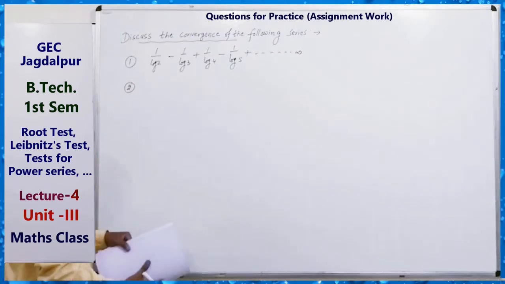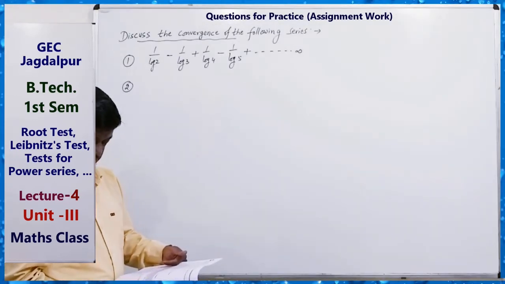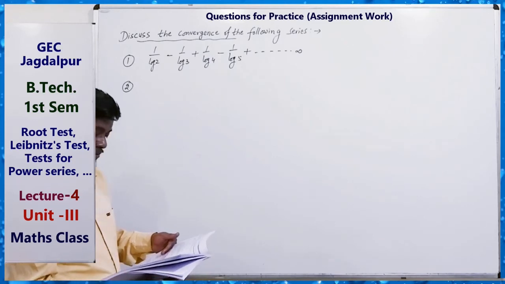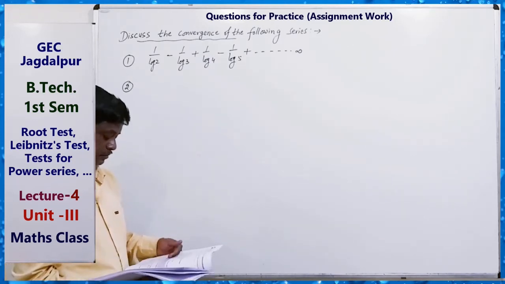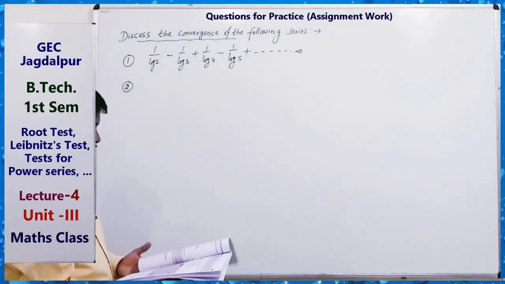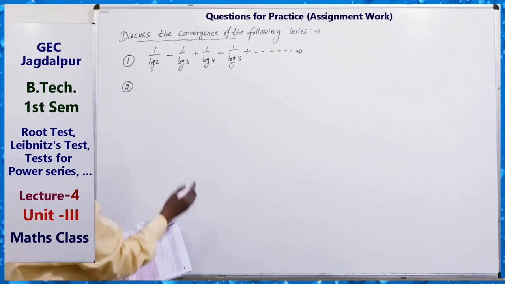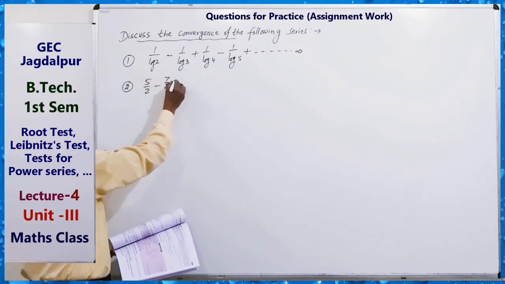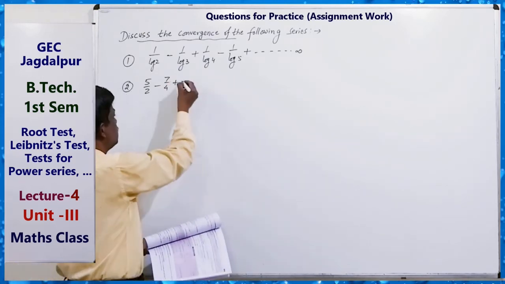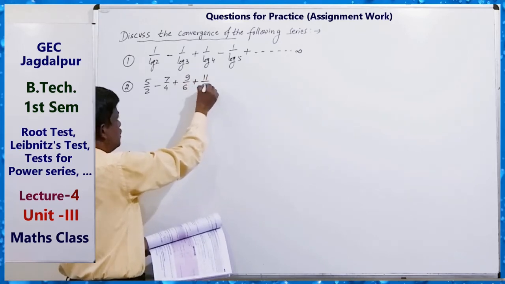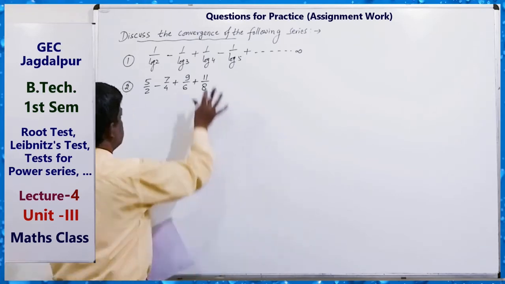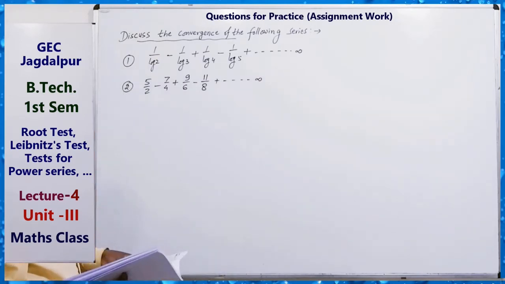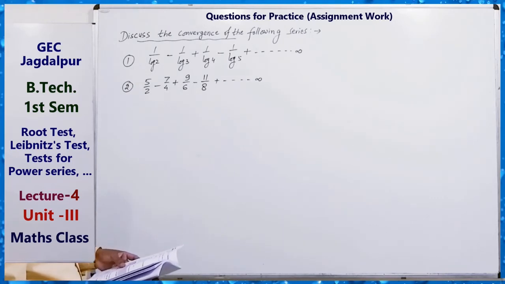Second, 5 by 2 minus 7 by 4 plus 9 by 6 minus 11 by 8, and so on, with numerators 5, 7, 9, 11 and denominators 2, 4, 6, 8, with alternating signs, plus minus, plus minus.